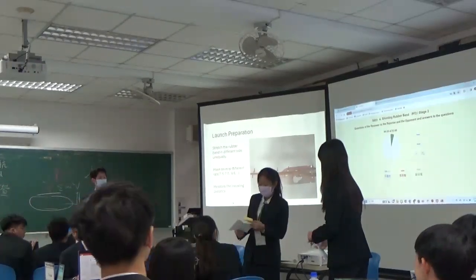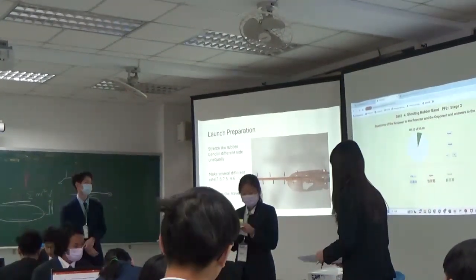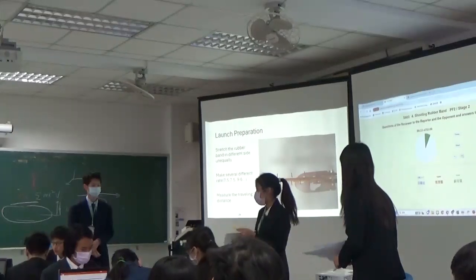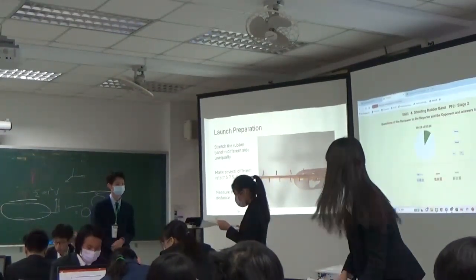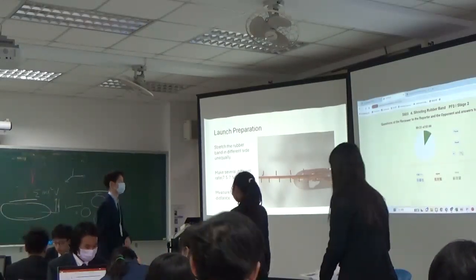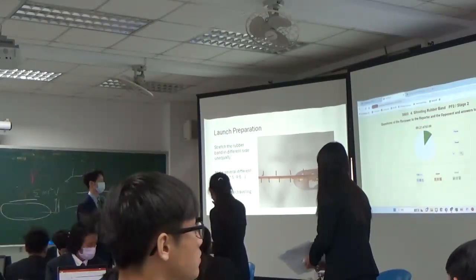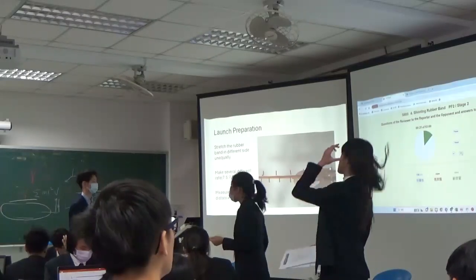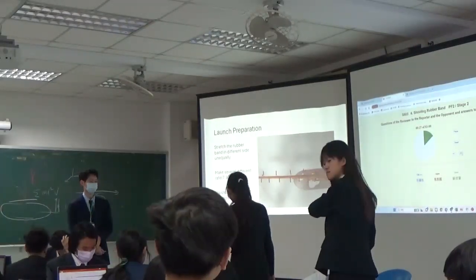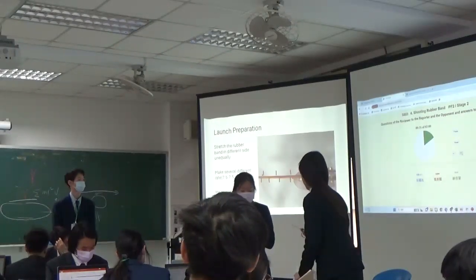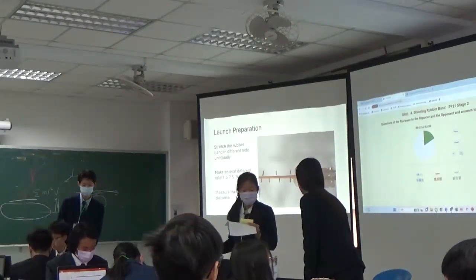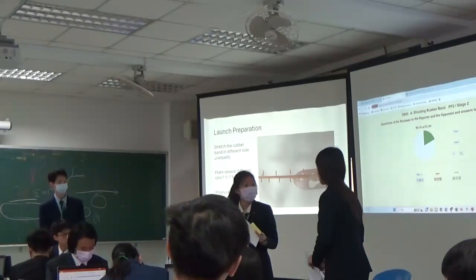So I have a few questions for you. The first one is about the definition. How do you define the non-uniform stretch? We stretch it differently. The stretch force is different on different sides of this rubber band. How do you define the non-uniform stretch rubber band?